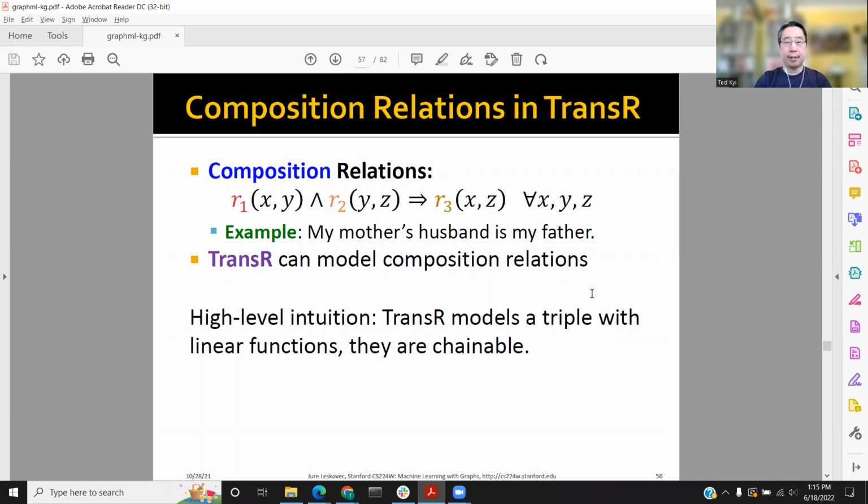I'm not sure I understood all the math on here, but the bottom line is that one of two things is possible. Either it works, or you can just learn embeddings for relationships that have to work like this, that are compatible or identical. Since these are linear functions, it is possible that they are chainable and everything will work out just fine.